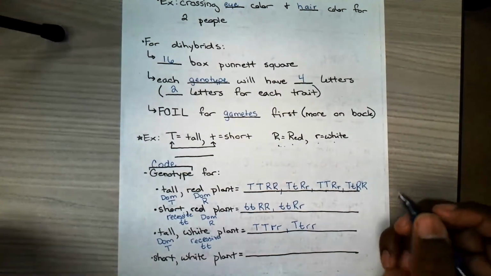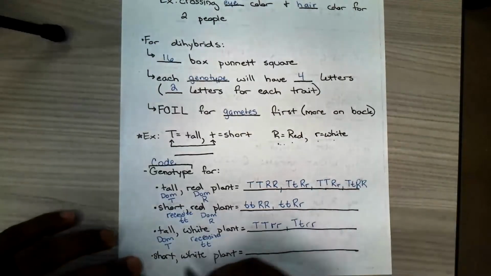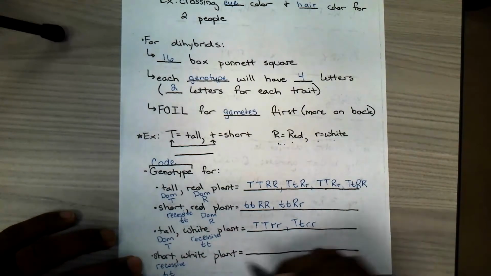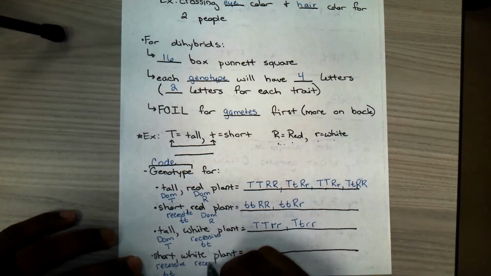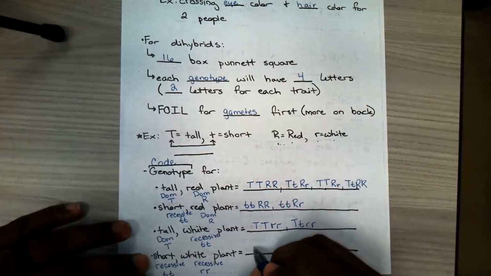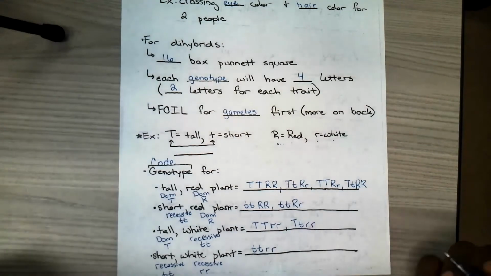Our last plant, or our last example, we're going to have a short white plant. So we're going to go recessive, because it's short, little t, recessive for white plant, and it's going to be little r, little r. Our only combination for this, little t, little r, little r.